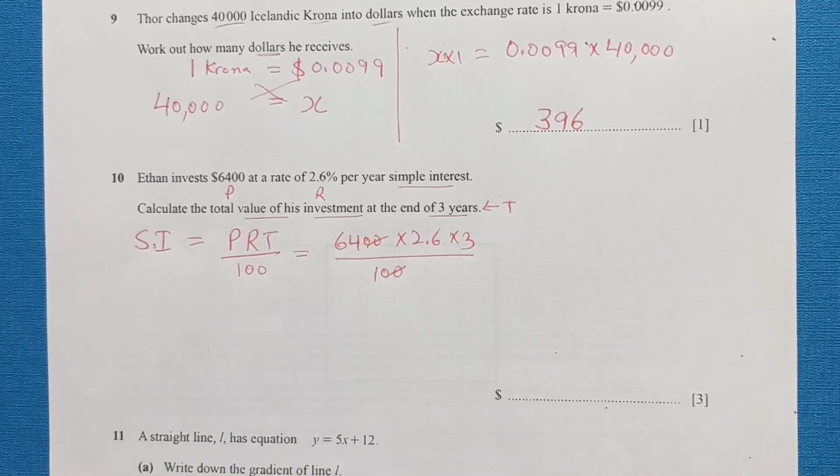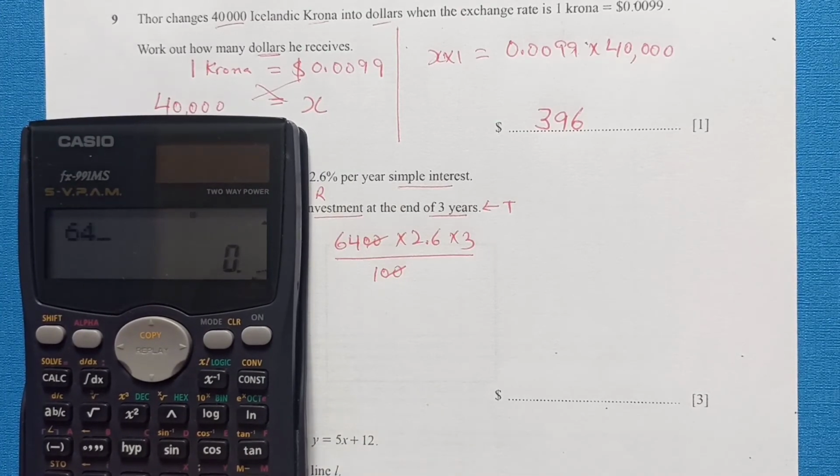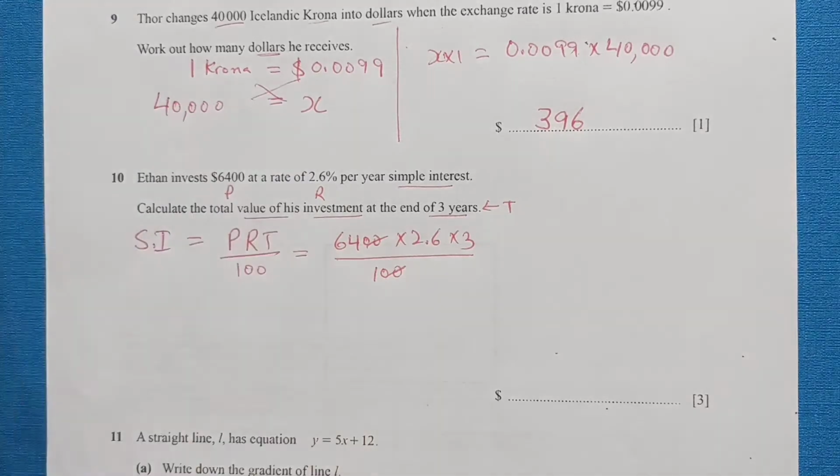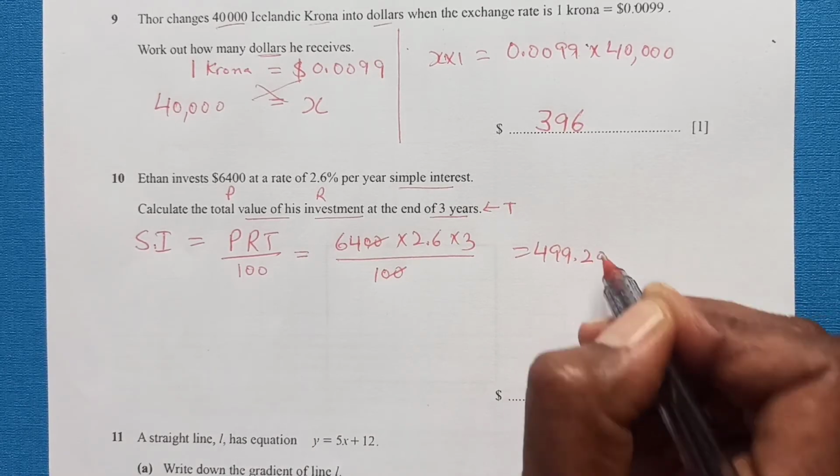So these two zeros are gone. So we have 64 times 2.6 times 3, which is 499.20.